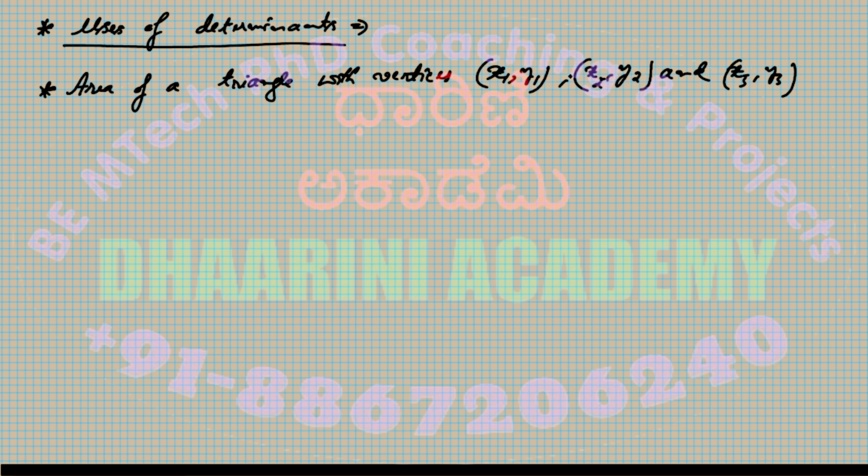So if you know the 3 points for the vertices of the triangle, then we can calculate the area directly. The area A is equal to half of the determinant x1, y1, 1, x2, y2, 1, x3, y3, 1. If you calculate this, that is the area of the triangle.